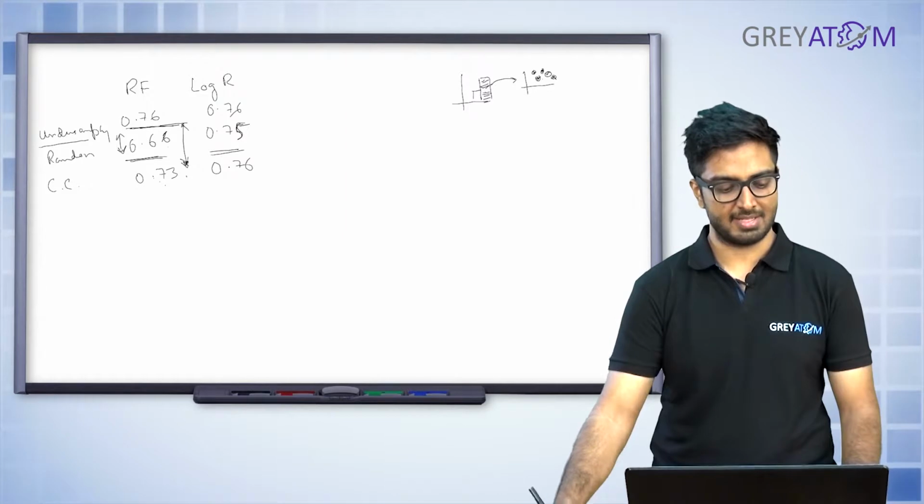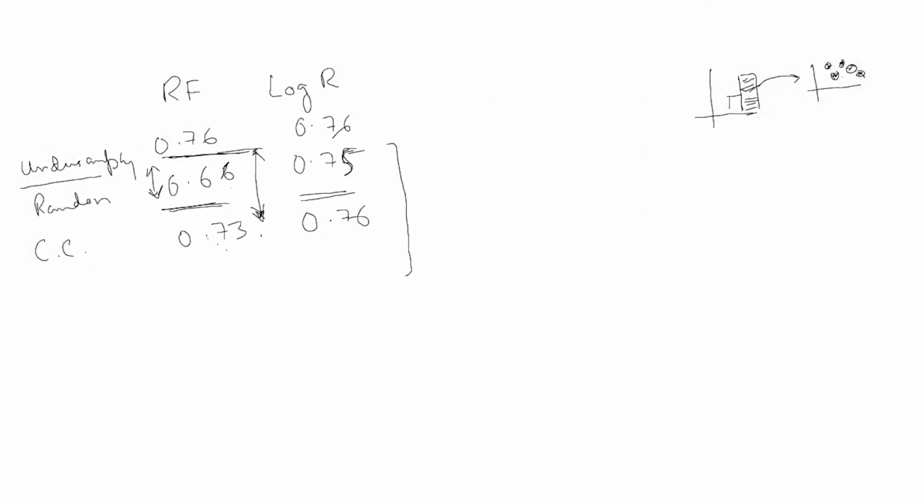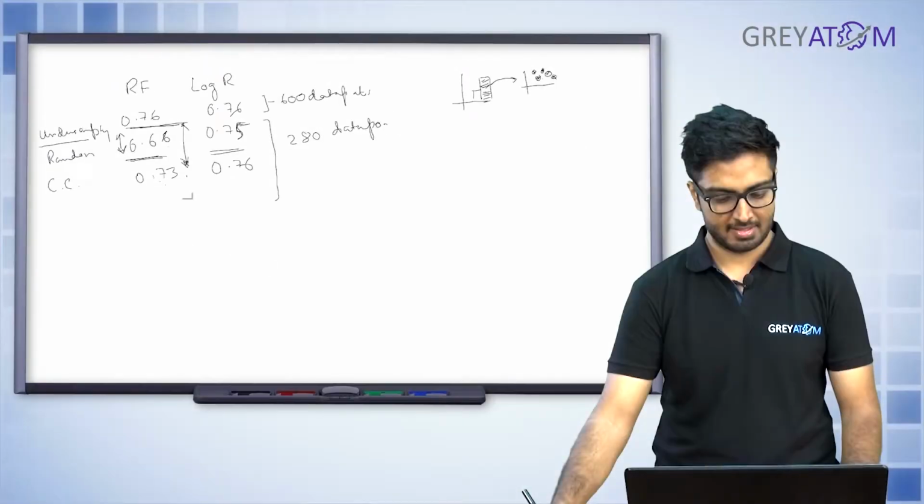All of these have 280 data points, whereas this has around 600 data points. Logistic regression is not affected as much by the size as random forest is, because random forest, if it gets a smaller data set, tends to overfit. That's why there is this significant drop in performance.